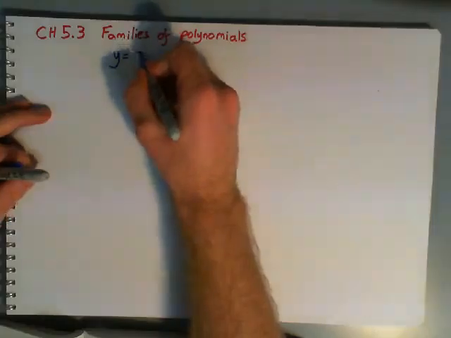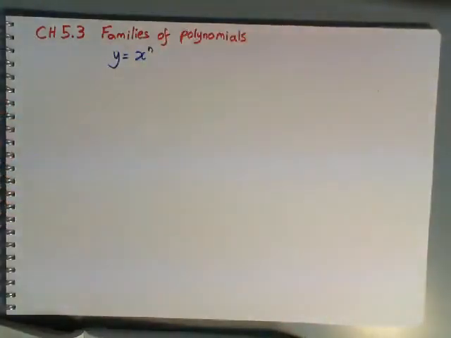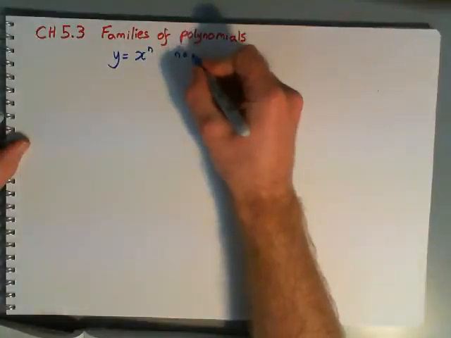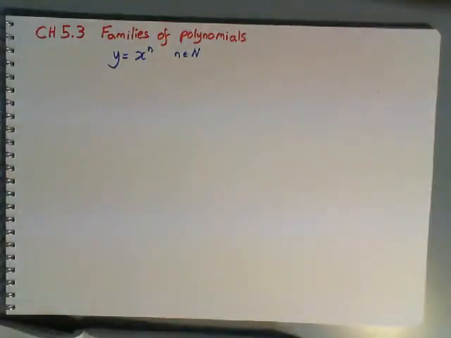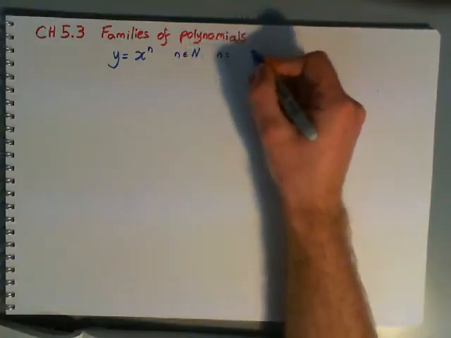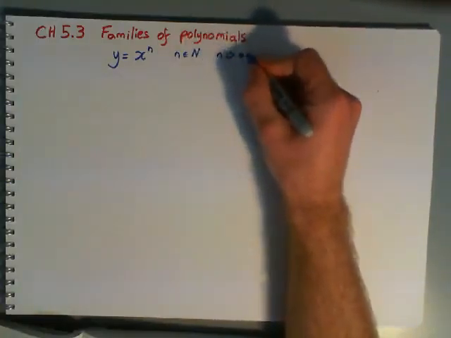So as a starting point, x to the n, where n is an element of the natural numbers, so positive powers. And for this example, we're going to have a look at n being odd.